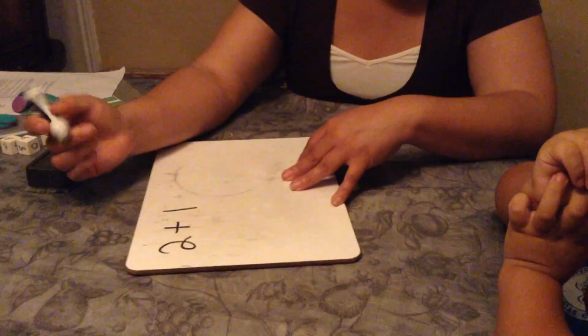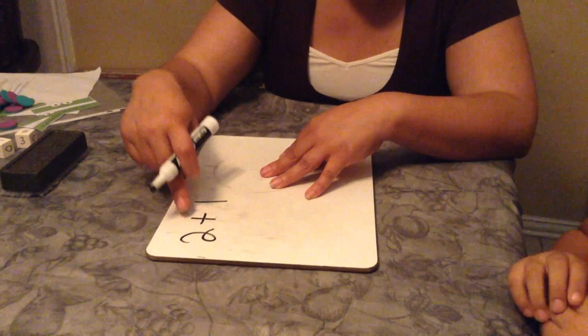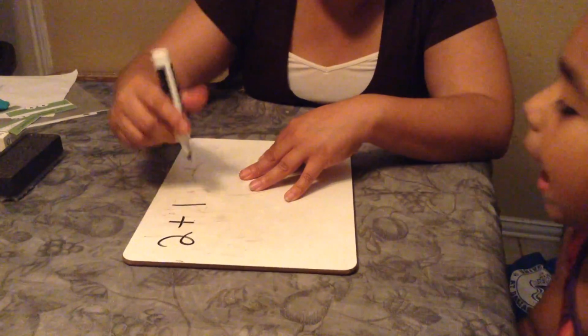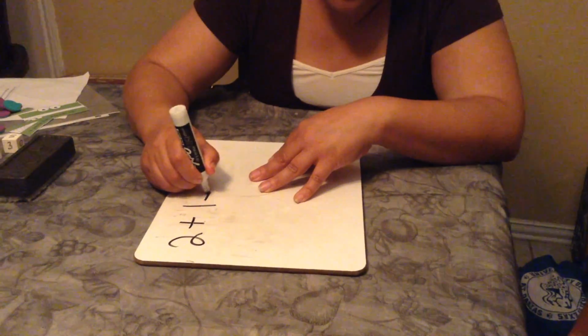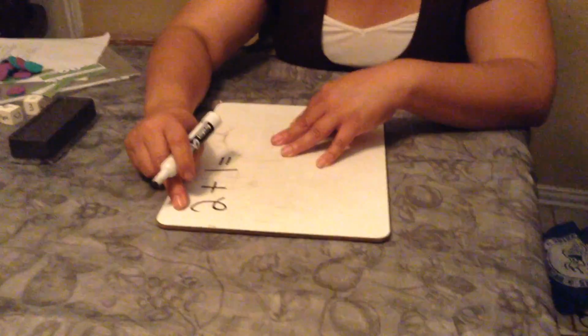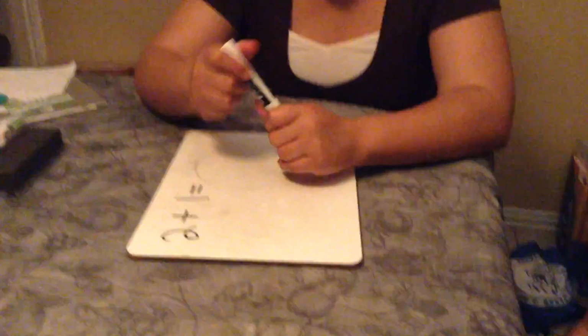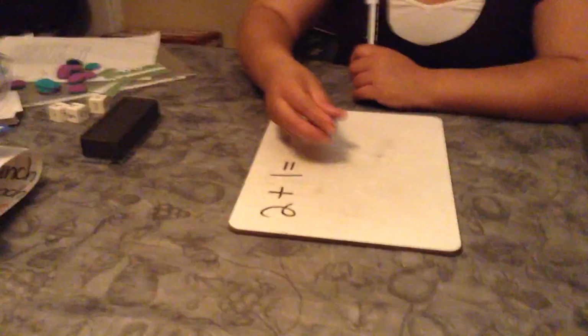What does that mean? To add. Can you read it to me? How would you read it? 2 plus 1, and what do we say after? Equals. So we say 2 plus 1 equals.